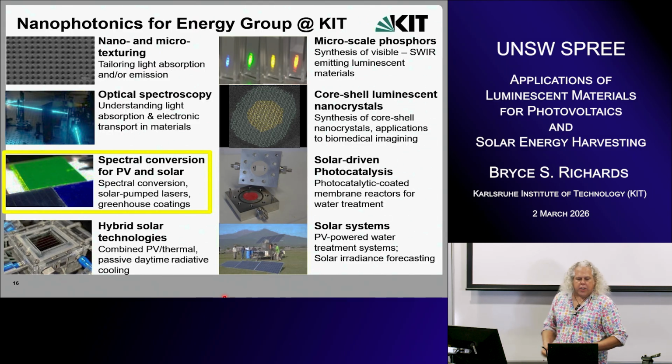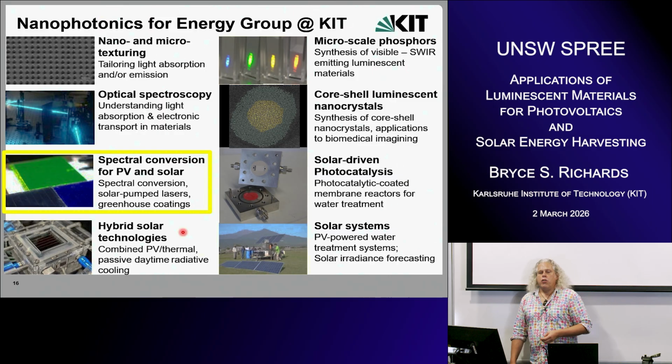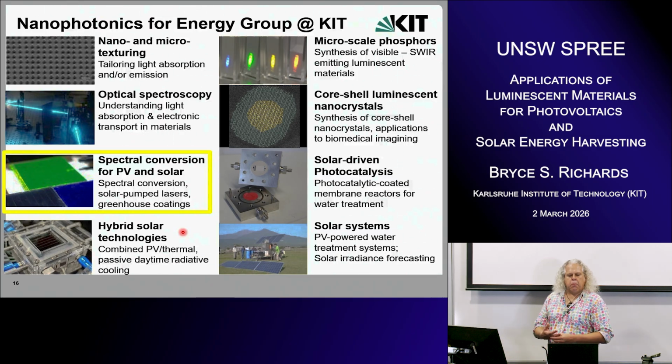So we started by doing a lot of nano and micro texturing of materials for light in-coupling and out-coupling. Optical spectroscopy: we have a couple of really nice optics labs for understanding transitions in materials. Hybrid solar technologies is a new direction we're pursuing, where you're probably familiar with the classic combined PV thermal technologies, but more recently we're putting a lot of effort into passive daytime radiative cooling.